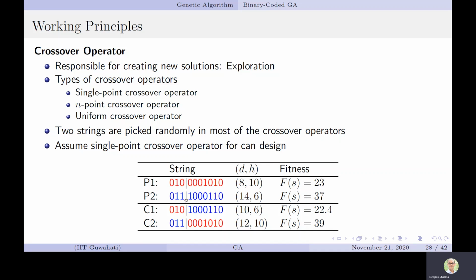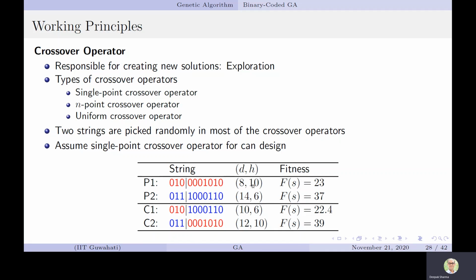We randomly draw a vertical line and then we swap the tails. C1 and C2 are offspring 1 and offspring 2. Offspring 1 is red, and after the vertical line, everything is blue. Similarly for offspring 2, we have blue, and then after the vertical line, everything is red. That means we have swapped the tails of P1 and P2 along the vertical line.